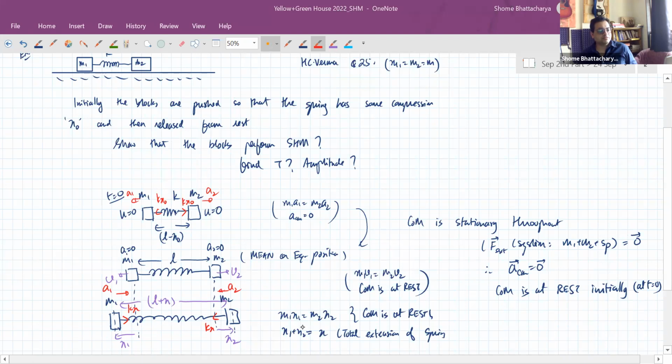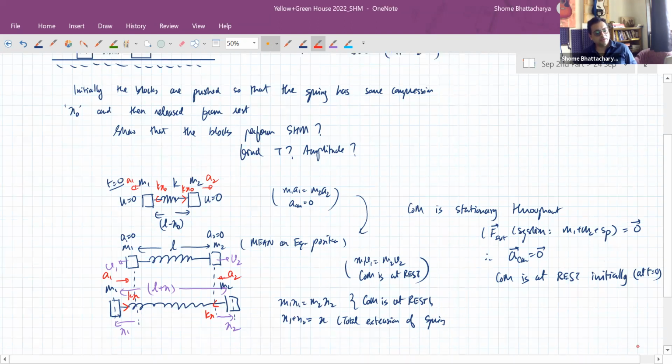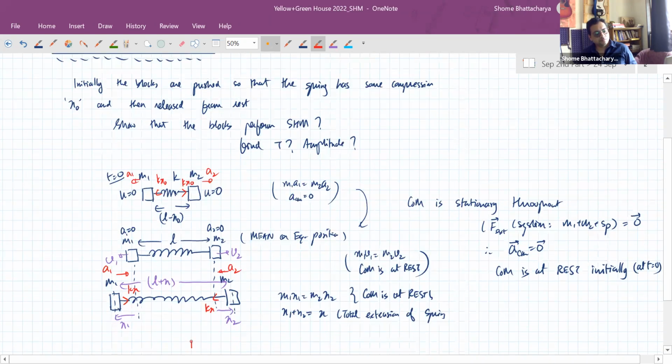We will make the FBDs of these two blocks at this particular instant of time. From the FBDs of blocks M1 and M2, we'll show that they are satisfying the SHM condition. We'll come to that, but first note down up to here.